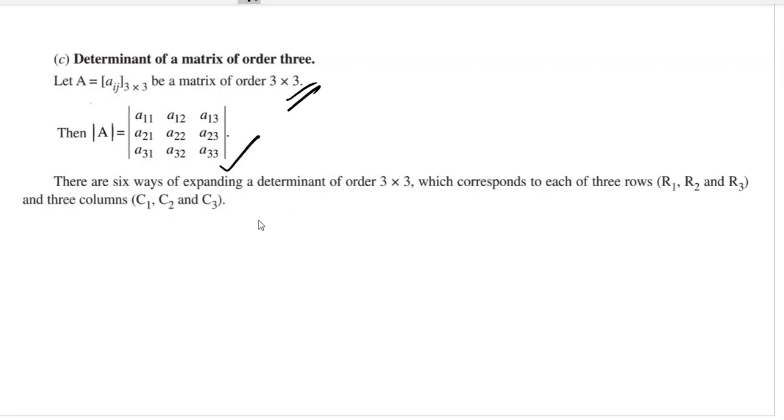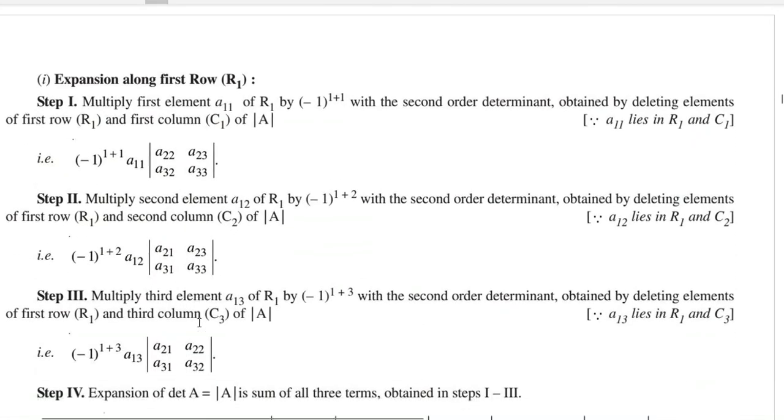There are 6 ways of expanding the determinant of order 3 by 3, which correspond to each one of the 3 rows R1, R2, R3 and 3 columns C1, C2, C3. So you want to find the determinant by expanding along one of the rows or one of the columns. That's up to you. Okay, so they have shown both the ways.